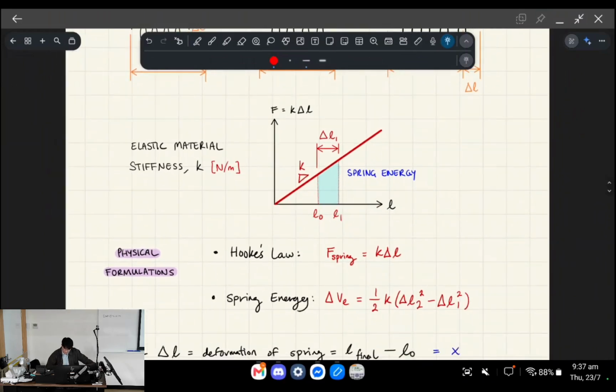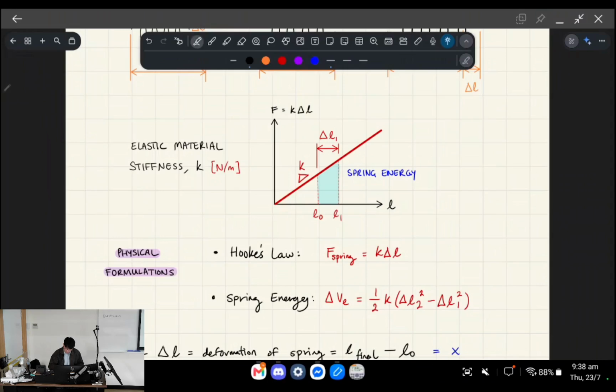Okay, so there's kind of 2 formulas that you can visualize on this graph, right? The first one's Hooke's law, and this is just saying that there's a linear proportionality between the force in the spring and the length of the spring, or how much it's deformed, and that proportionality is K. So that's called the spring stiffness, all right?